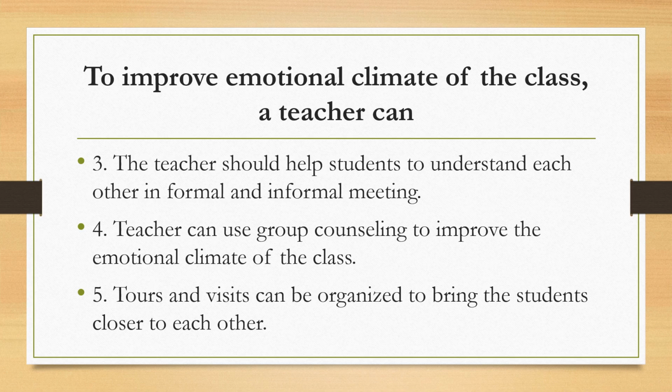Even whenever we go together somewhere out, where we just enjoy, we don't have any particular task, we just freely roam here and there, and at that moment we enjoy the company of those whom we like. And that's how we could get close to other people also. So that kind of activities needs to be arranged. Some kind of meeting needs to be arranged wherein we are just asking their interest, we are asking for suggestions, we are giving or asking for feedback. So all those kinds of things we should do to improve the emotional climate of the class.